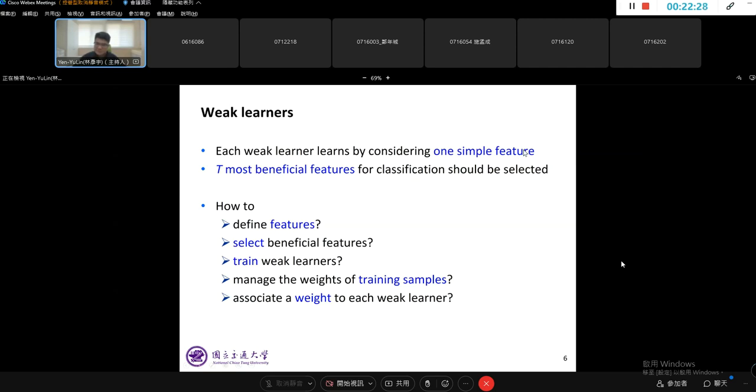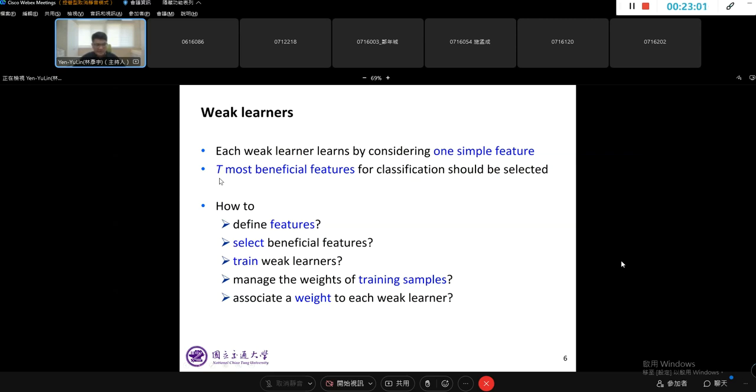So if you are dealing with a data set with 100 dimensions, we say each data point has 100 features. Each weak learner can control its decision boundary, or its classification behavior, by considering only a single feature.